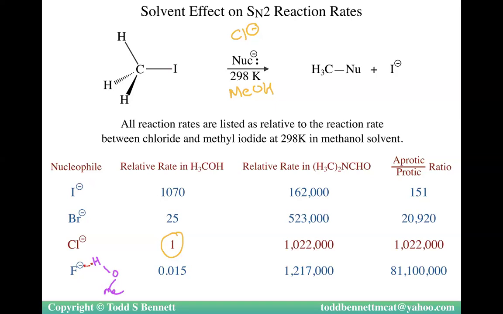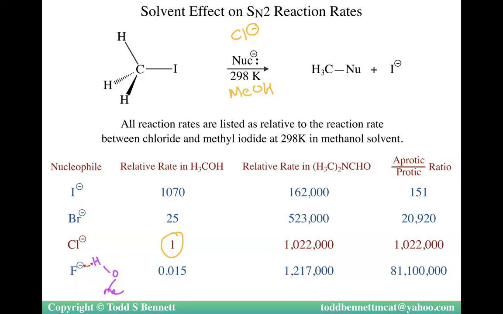HF is a weak acid, so F minus is actually a little more reactive. So it's going to be faster, and the solvent doesn't hinder it. So this tells us that protic solvents can actually hinder your nucleophiles. In aprotic, they don't see that effect. So it's straight nucleophilicity. Here, it's nucleophilicity hindered by solvent, whatever way the solvent hinders it.